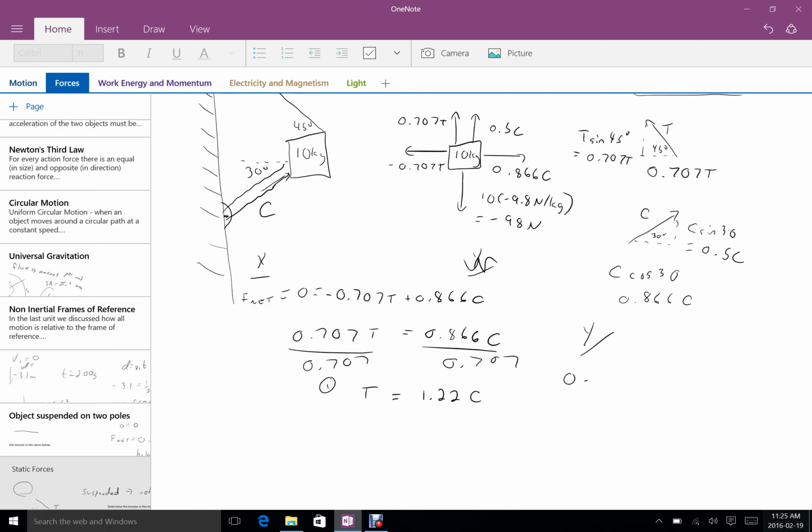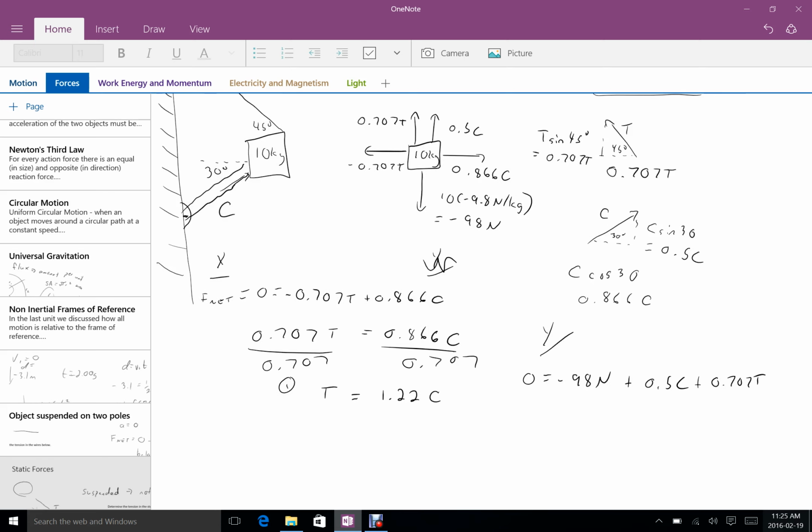Here, the sum of the force is equal to 0. It's equal to negative 98 newtons plus 0.5 times C plus 0.707 times that tension. Substituting for the tension, so substituting equation 1 into 2. I'll move the 98 newtons over here too while I'm at it.